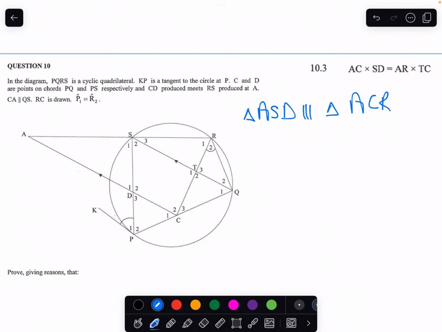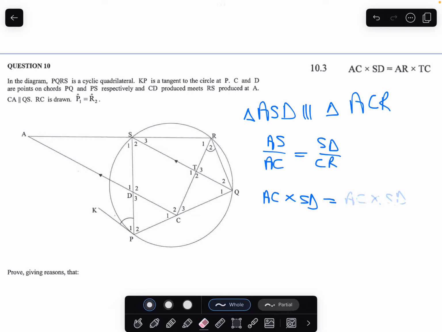So we have AS over AC is equal to SD over CR. So AC times SD is equal to AS times CR.